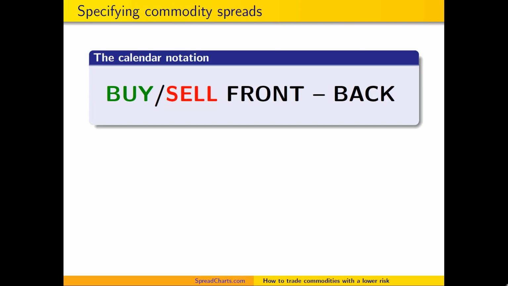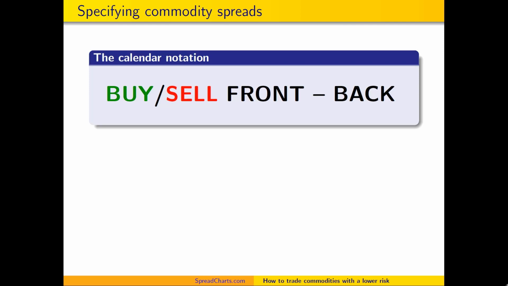I just use it to stress the difference between the legs. The hyphen here does not have any meaning. It is just used to separate these two contracts. Sometimes a forward slash is used instead. So once again, the contracts are ordered by their time to expiration in this notation.